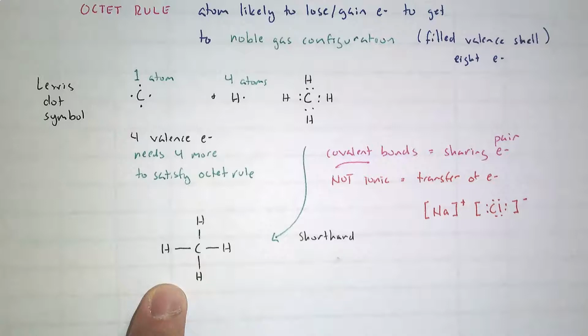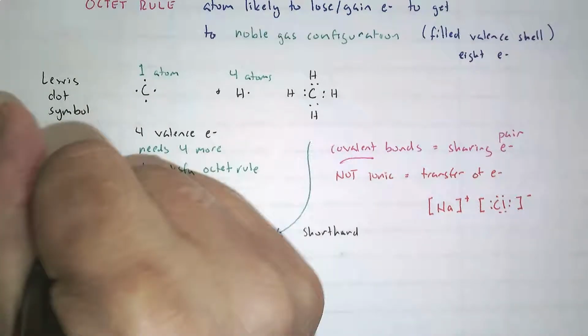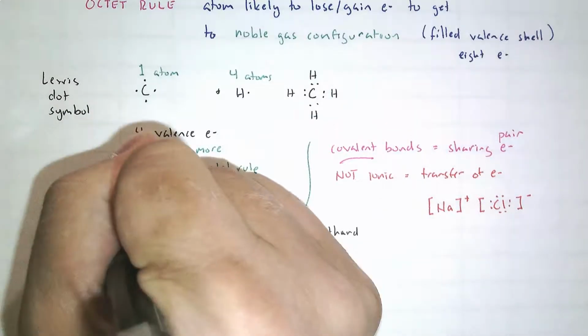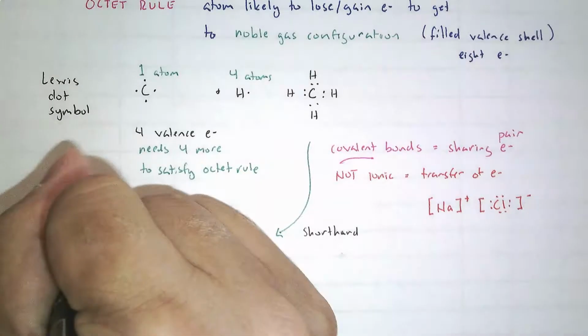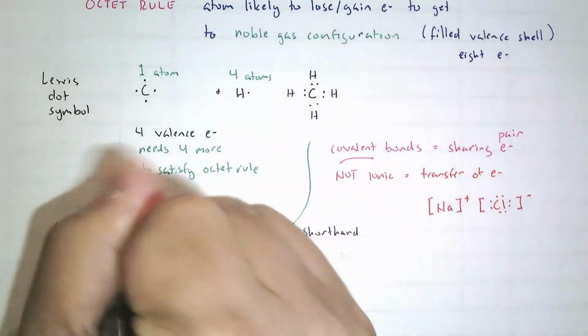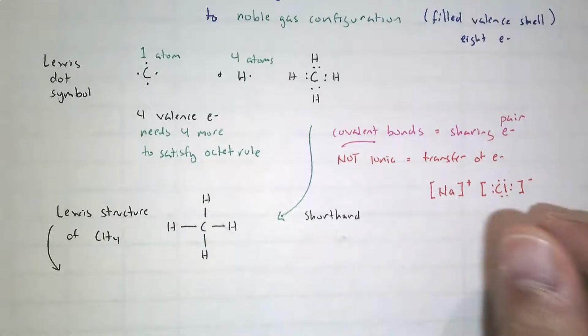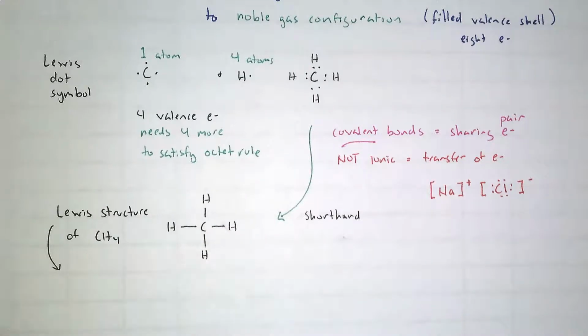This is the Lewis structure of CH4. And a Lewis structure has to show all the valence electrons. If you're asked to draw the Lewis structure of a molecule and you're given the molecular formula, you have to show all the valence electrons.